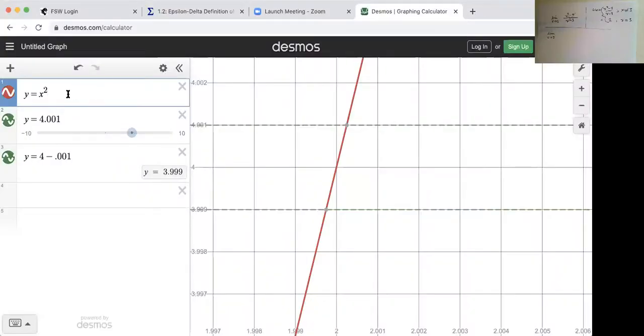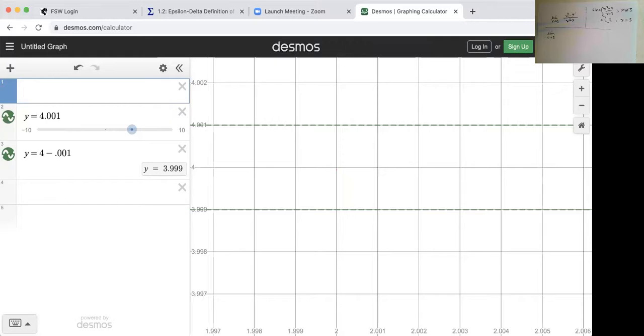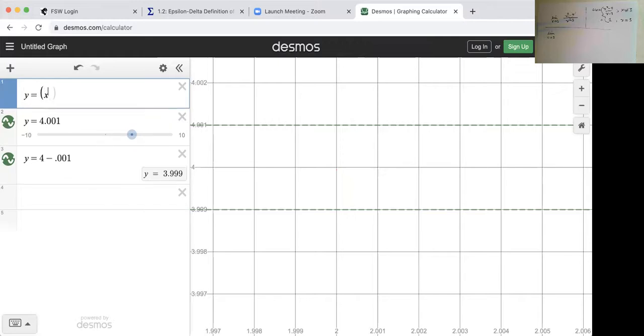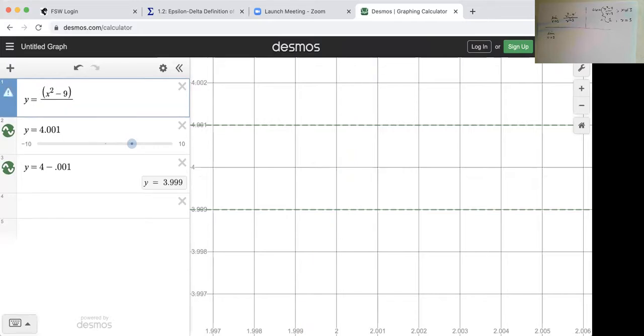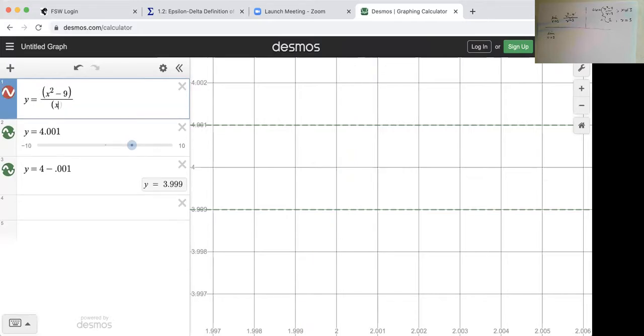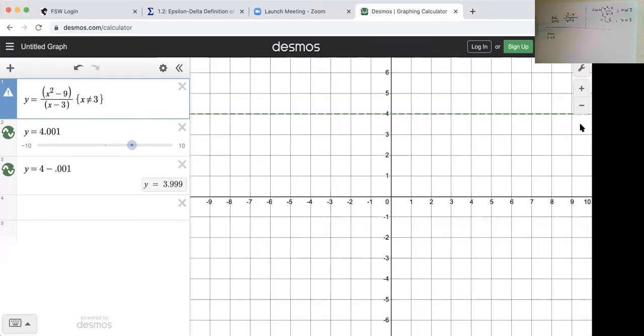So going to Desmos, we have y equals x squared minus 9 divided by x minus 3. But that's only true if x doesn't equal 3. And go to the regular graph.